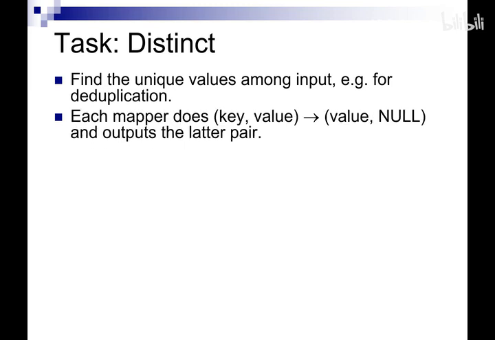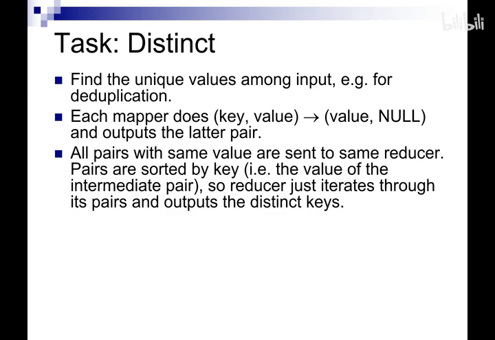The way we do that is that each mapper, for each key value pair that it receives, is just going to output the value. So the value now becomes the key. It's going to produce a key value pair where the value is now the key, and there's actually no value associated with this key. So it outputs one of these things for each of its key value pairs.